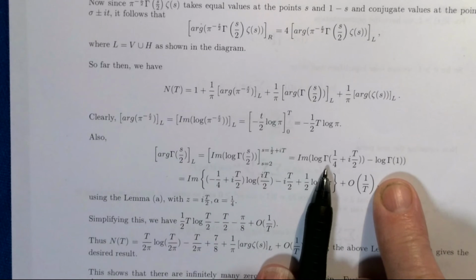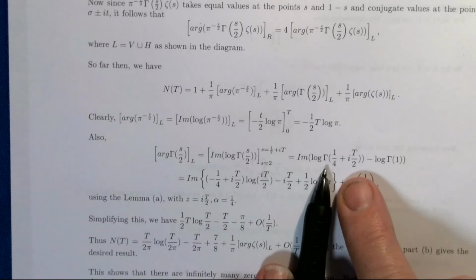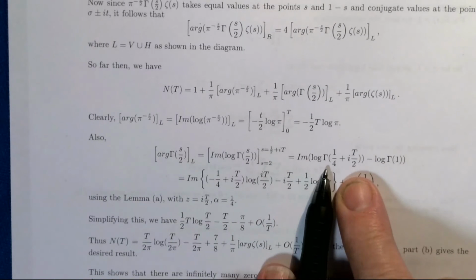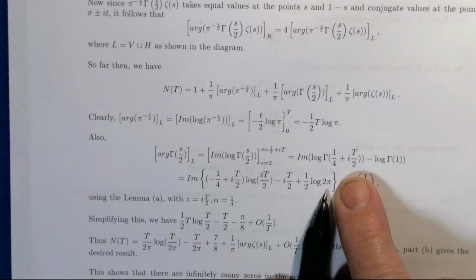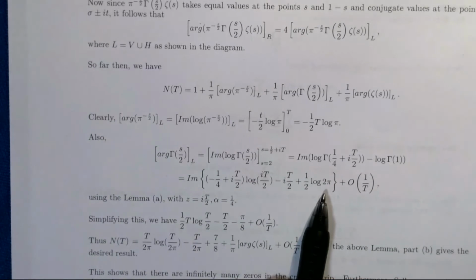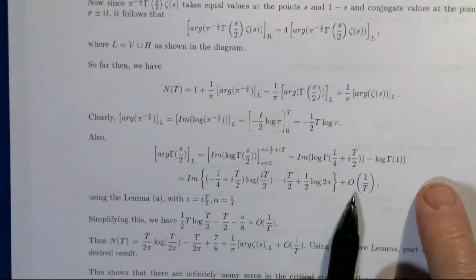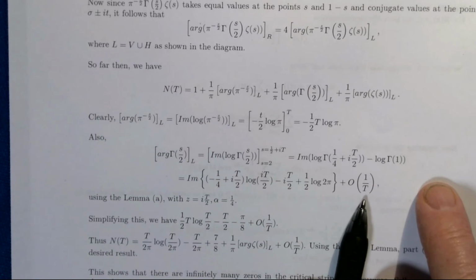We've got a formula for the log of gamma, which was in our lemma, that I could replace this with this. That was from the first part of the lemma, part A, and this is 0 here. And I get, of course, plus 1 on t.